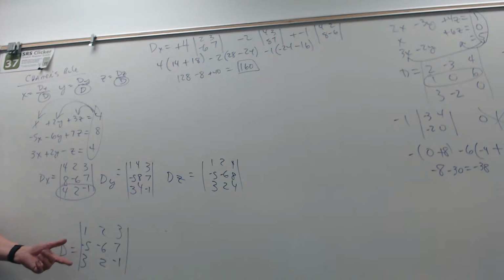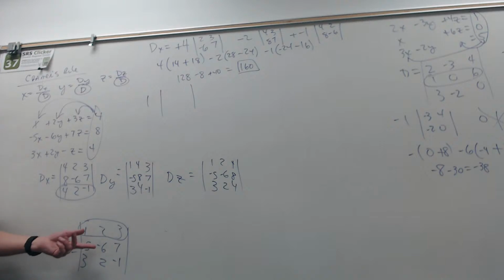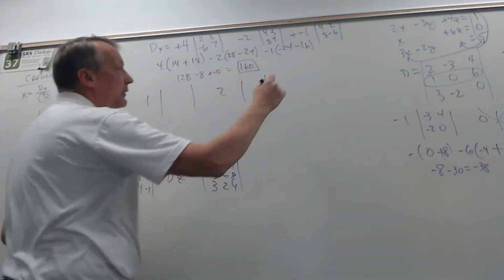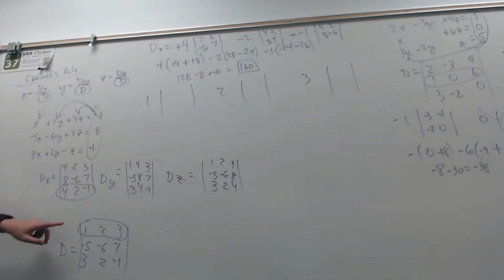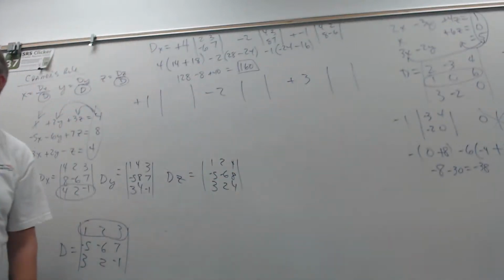Okay, so this is my determinant. You want to expand on which row or column likes the best numbers? Top row definitely looks best, right? Okay, so my coefficients are gonna be 1 times something, 2 times something, and 3 times something. Now we've got to get our signs right. Positive, negative, positive, right?